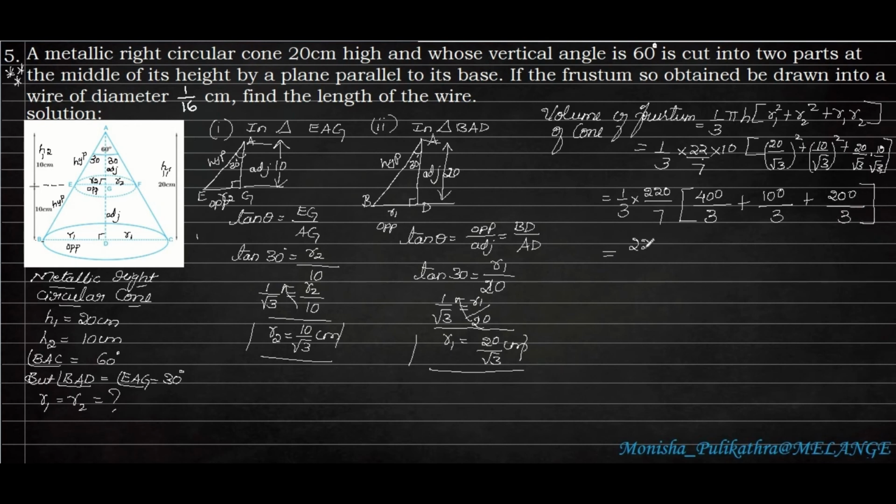So here 220 divided by 7 3s are 21, into, so here the denominators are the same. If the denominators are the same, then the numerator we write as it is.